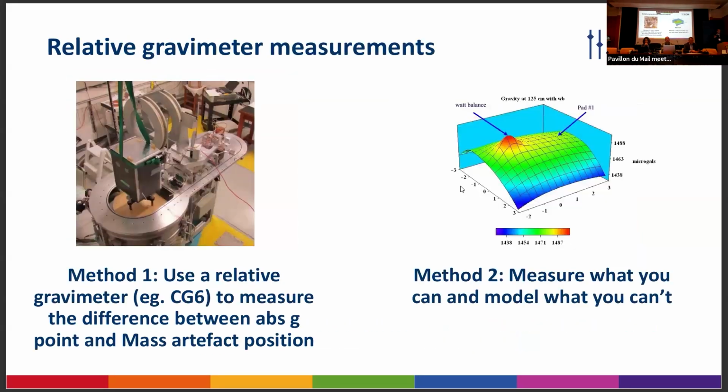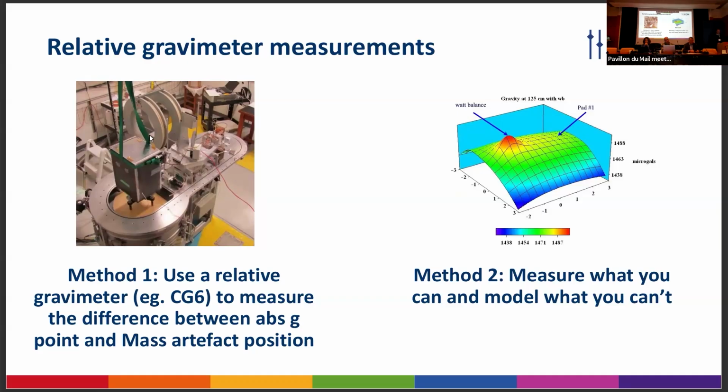Well, the easiest way to do it, if you're fortunate, you can just take your relative gravimeter, CG5 or CG6, and measure the difference in the gravity between the location where your absolute measurements are to the weighing position. We had a hard time doing that initially because the CG5 is sensitive to the magnetic fields of the Kibble balance, but we were able to shield that and come up with a value.